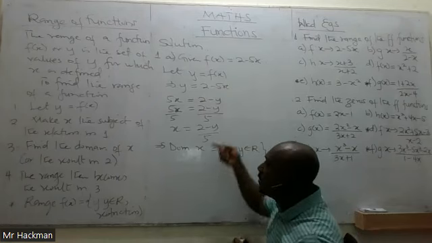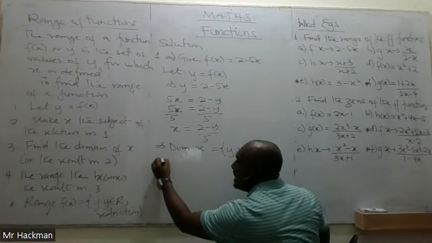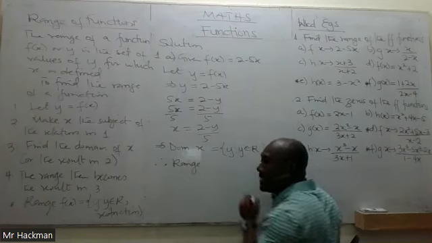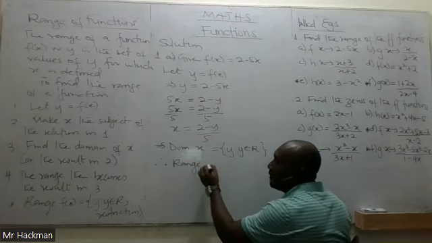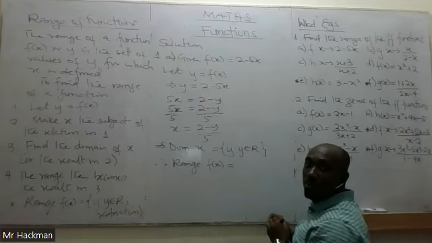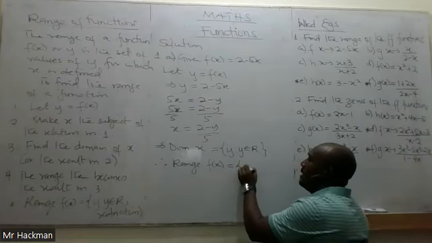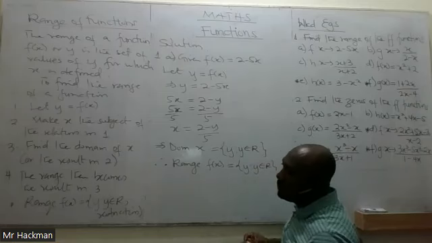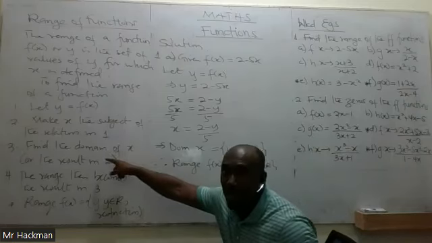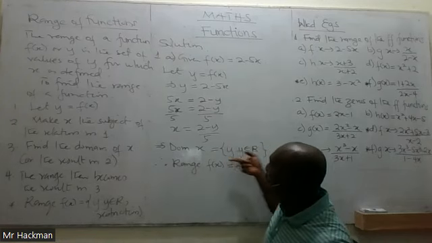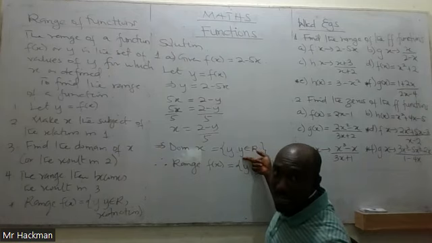As you mature, you can straight away write, therefore, the range of f of x will be equal to y such that y belongs to R. Because in the last step we said the range will be the result that we had here. So the range will be this result. Is that clear?